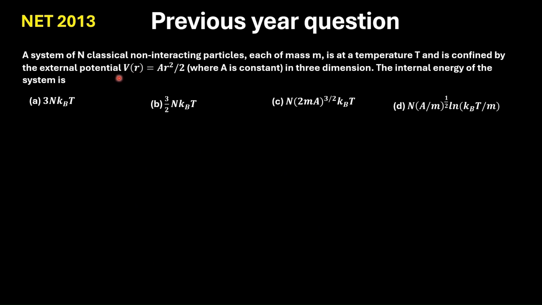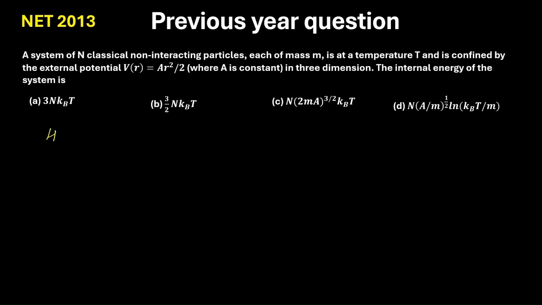Now we will solve numericals on the classical harmonic oscillator. We are given n classical non-interacting particles subjected to a potential given by this, and we have to find the internal energy. To solve this question, first we'll write the Hamiltonian. While writing the Hamiltonian, first I will do it for 1 dimension, then later on we can go for 3 dimensions, then for n particles in 3 dimensions.